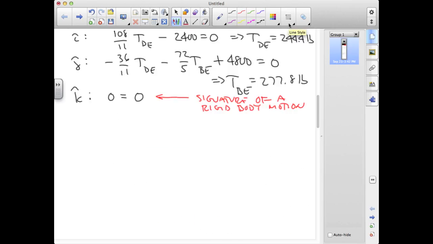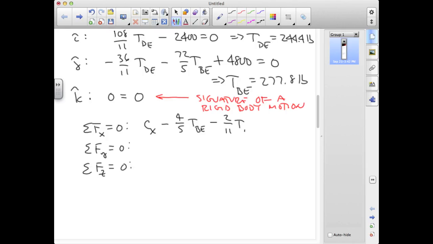So now what's left is to solve for the socket force reactions at C. We can do this by writing our force component equations in X, Y, and Z. Each of those will end up including just one unknown, and that will be the corresponding socket reaction. In X, this is going to look like Cx minus 4/5 TBE minus 2/11 TDE equals 0.